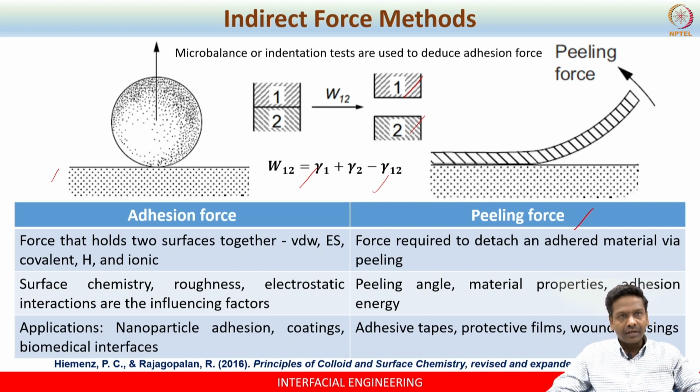And then one can get more insight into the type of forces, whether it is due to hydrogen bonding, ionic bonding, or van der Waals interaction. So those aspects can be studied later. And what governs this force is basically the surface chemistry between the surfaces, roughness, and electrostatic interactions at the boundary between two surfaces, right?